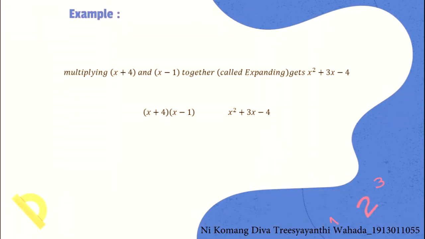For example, multiplying x plus 4 and x minus 1 together, called expanding, gets x squared plus 3x minus 4. x plus 4 multiplied by x minus 1 expands to x squared plus 3x minus 4. x squared plus 3x minus 4 has factors x plus 4 and x minus 1.